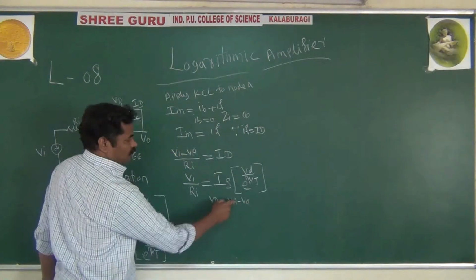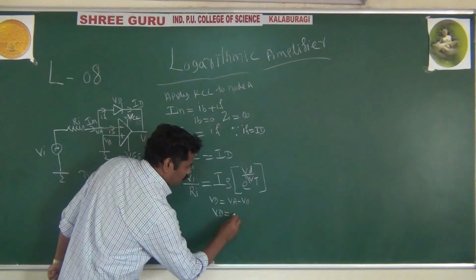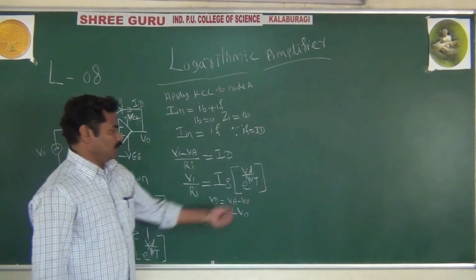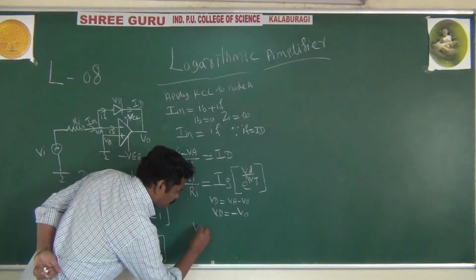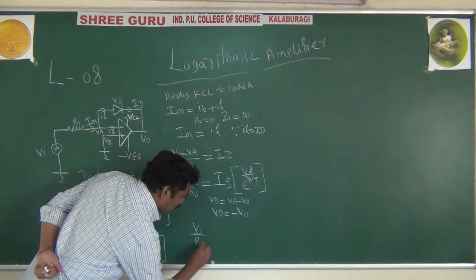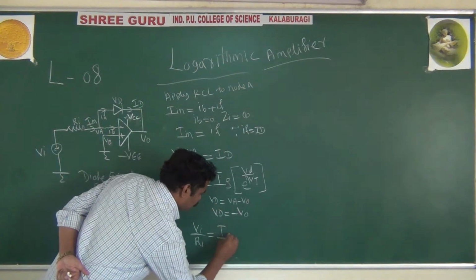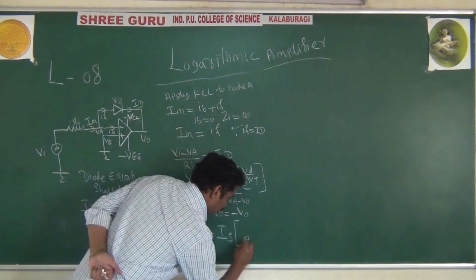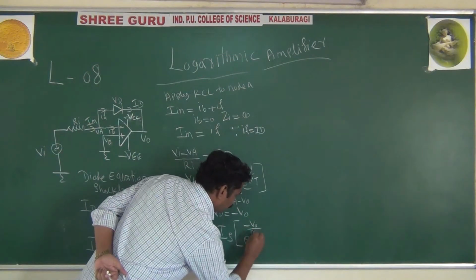Once again VA is 0, so you can write VD equal to minus V0. It means in place of VD you can write minus V0. That becomes Vi by RI equal to IS into e raised to minus V0 by eta into VT.